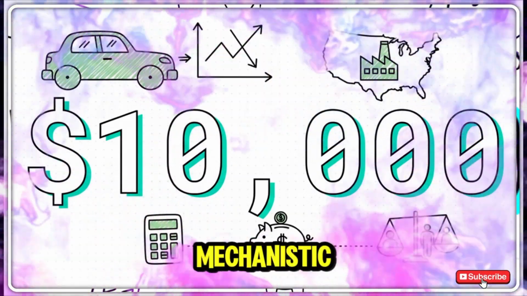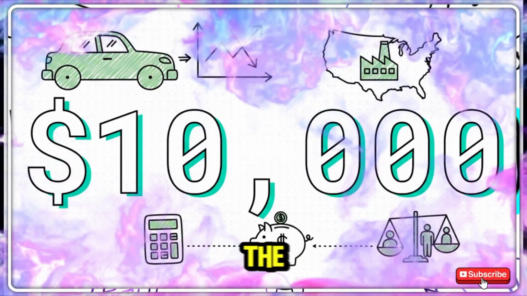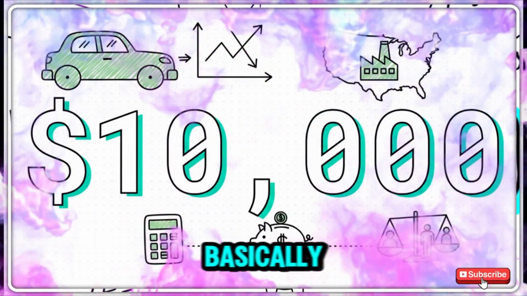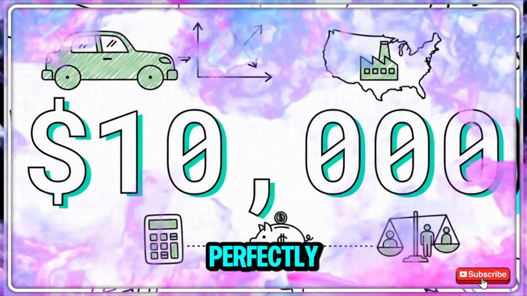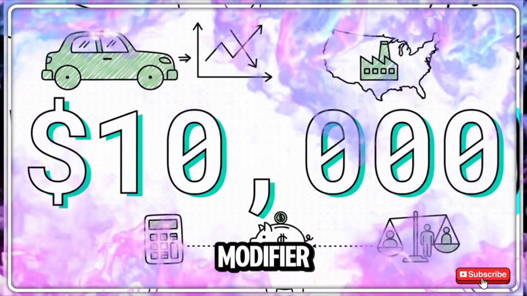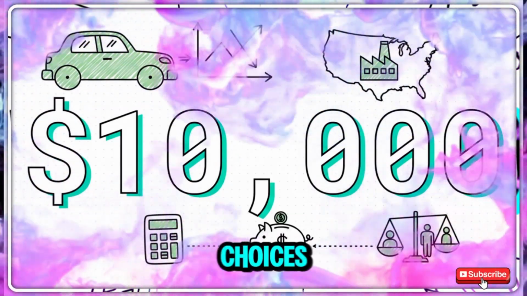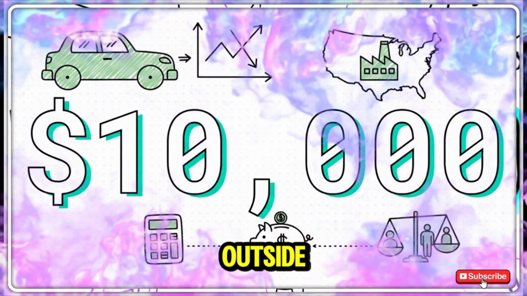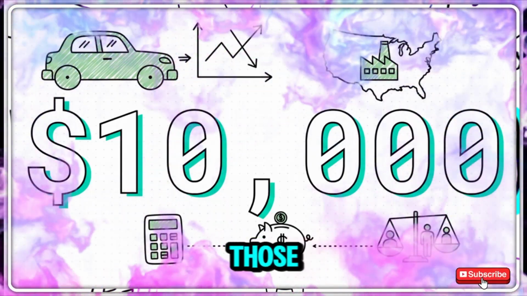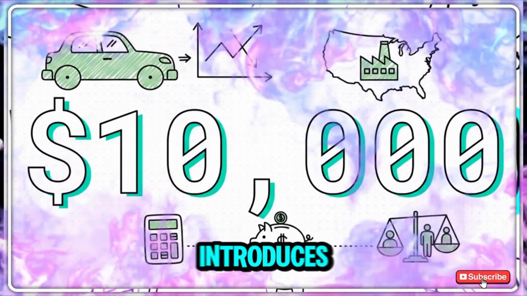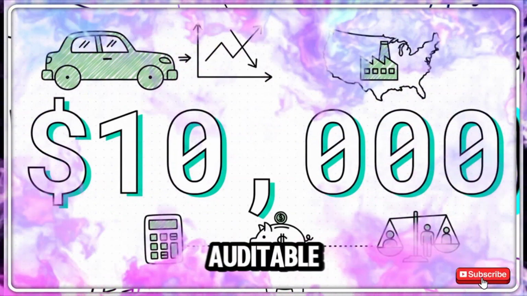The mechanistic criteria demand that the vehicle meets highly specific domestic assembly standards. It's basically a behavioral incentive perfectly disguised as a computational modifier. It alters your final tax liability based purely on consumer choices you made completely outside the tax period. So if those domestic assembly criteria aren't met exactly, claiming this modifier introduces a significant, easily auditable vulnerability into your filing.